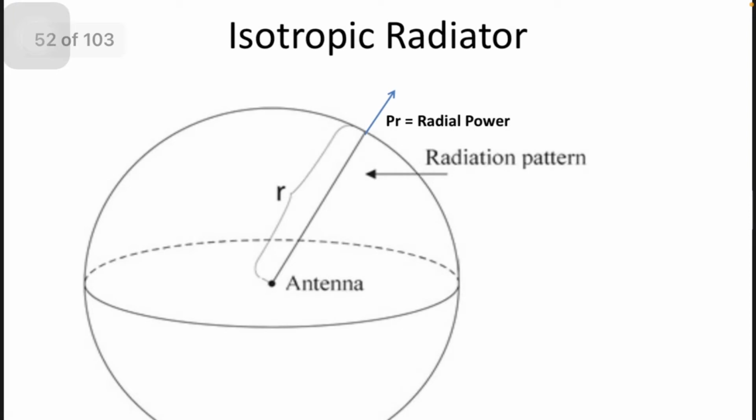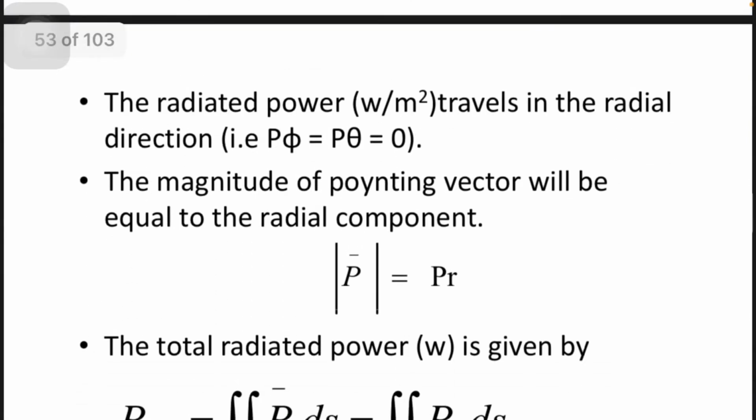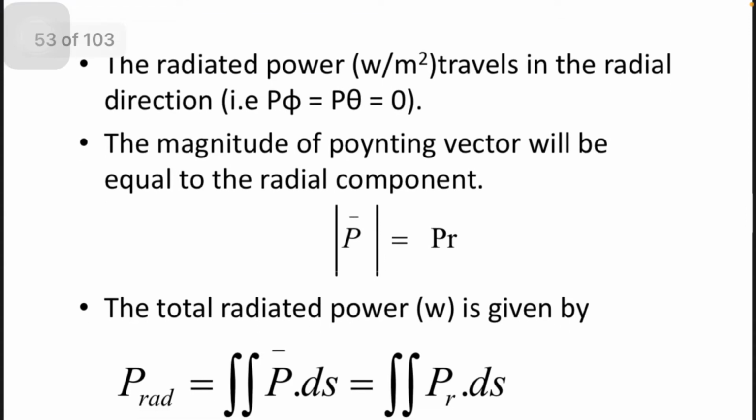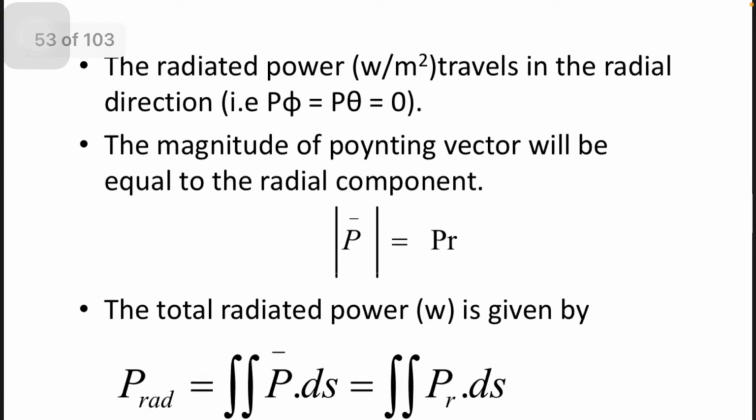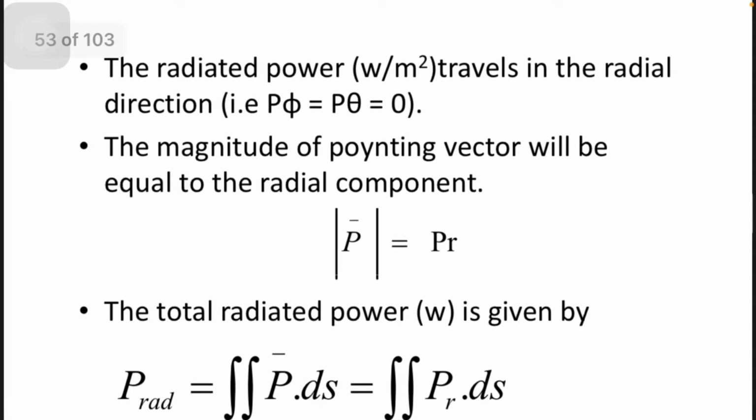This is the diagram for isotropic radiator. The radiated power in W per meter square travels in the radial direction, that is P phi equal to P theta equal to 0.